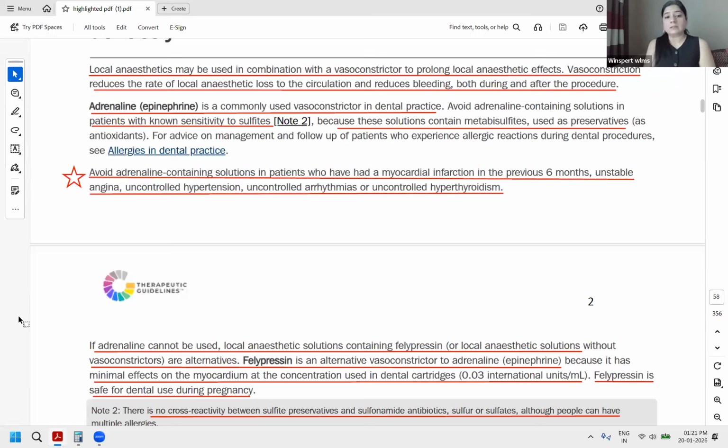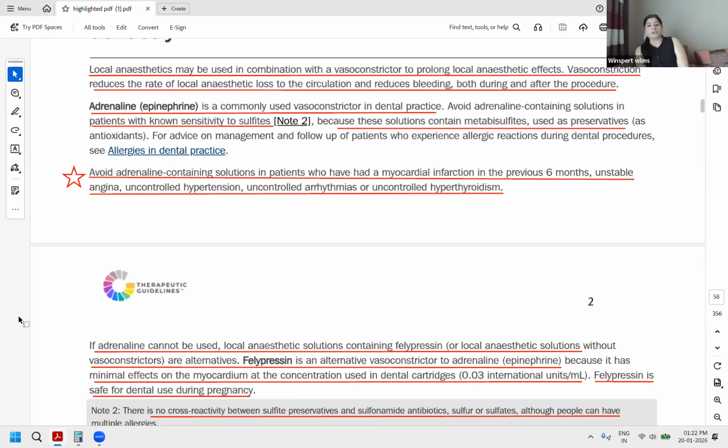Right, now this is another very, very important examination concept. In any examination history and SBQ, if you've got a history that your patient had a myocardial infarction in the previous 6 months, or any unstable angina, uncontrolled hypertension, uncontrolled arrhythmias, or uncontrolled hyperthyroidism, you would avoid adrenaline-containing solutions.